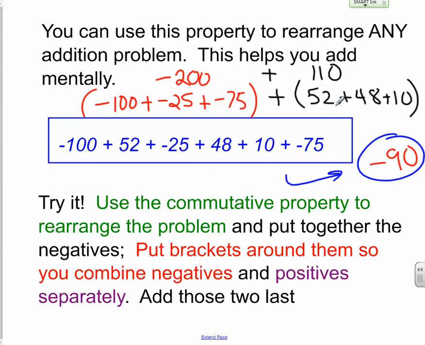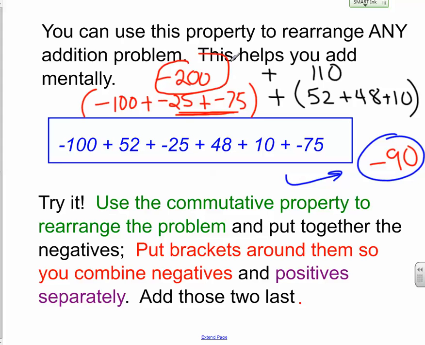And then we found the answer to the negatives and the answer to the positives, and we added those two last. So in the brackets here, we end up with negative 100 and negative 25 and negative 75. These two numbers are very compatible because they make a negative 100, which is easy to put together with another negative 100. So that result is negative 200 in those brackets.